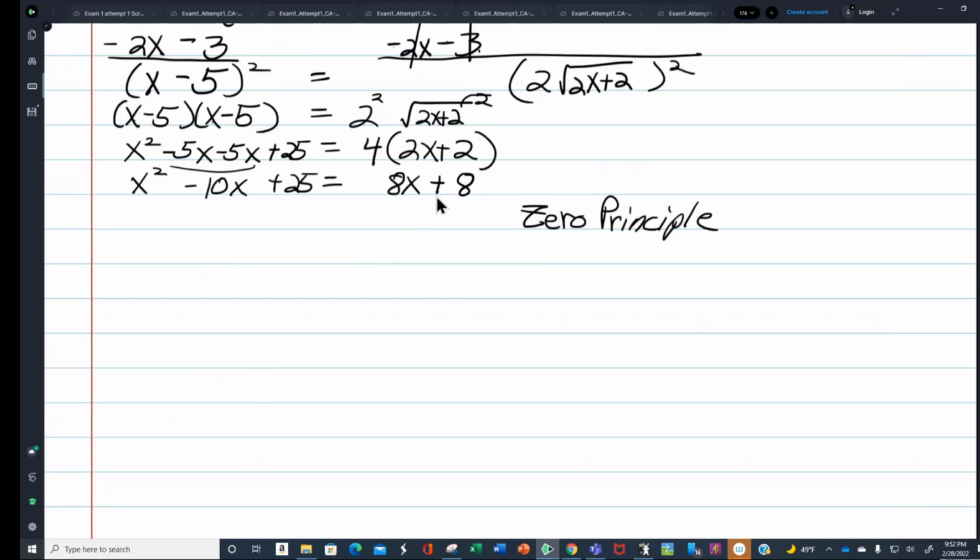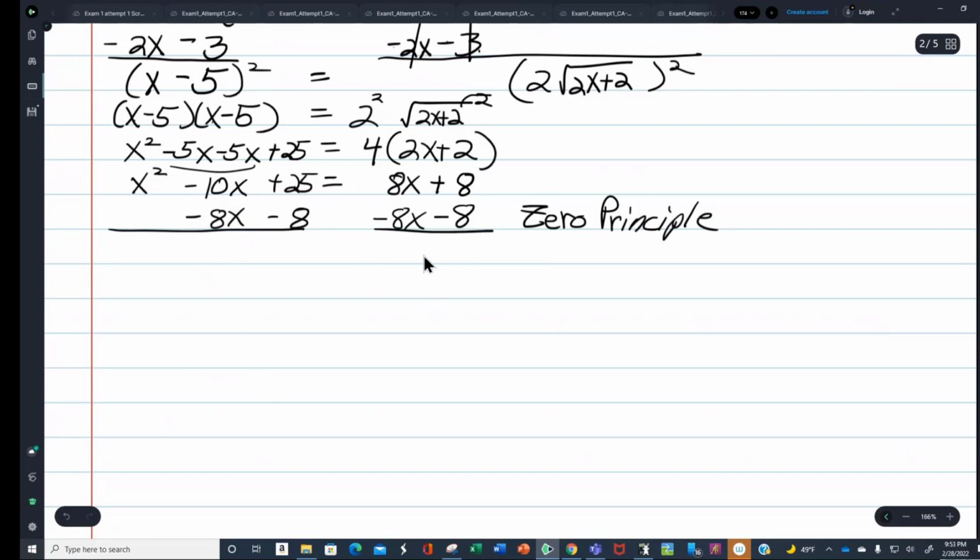And what that means is I'll subtract 8x from both sides of the equation, and I'll subtract 8 from both sides of the equation, so that I get 0 over here. 8x minus 8x is 0, 8 minus 8 is 0, so I have a 0 on the right-hand side.